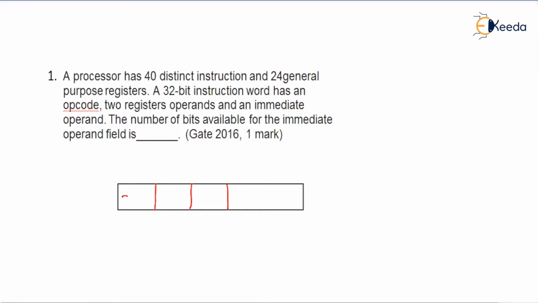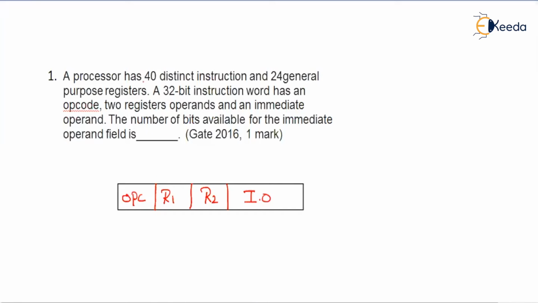The first one is the opcode. The second one is R1 and the third one is R2, register operand 1 and register operand 2. And the final one is the immediate operand. Now we need to identify the number of bits for each field. In order to fill the opcode field, we need to identify the total number of machine language instructions, or opcodes.